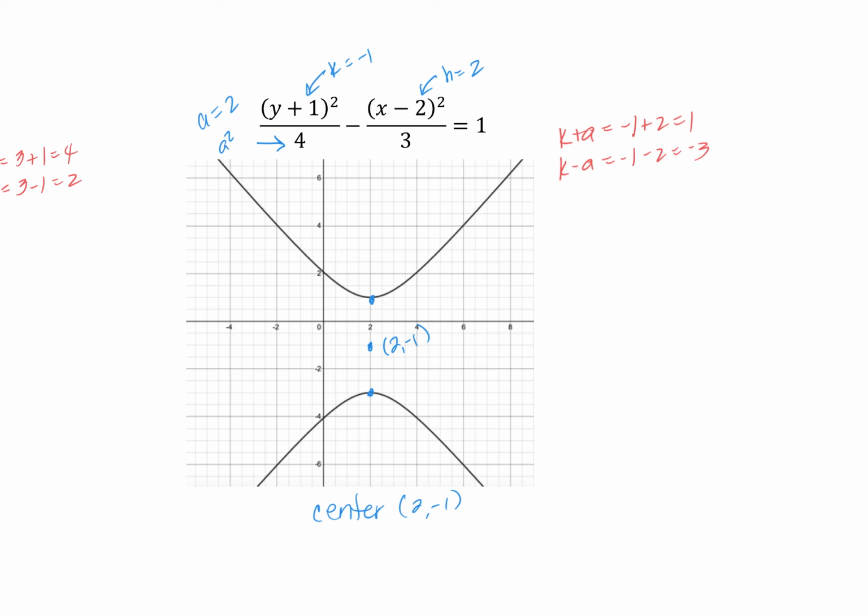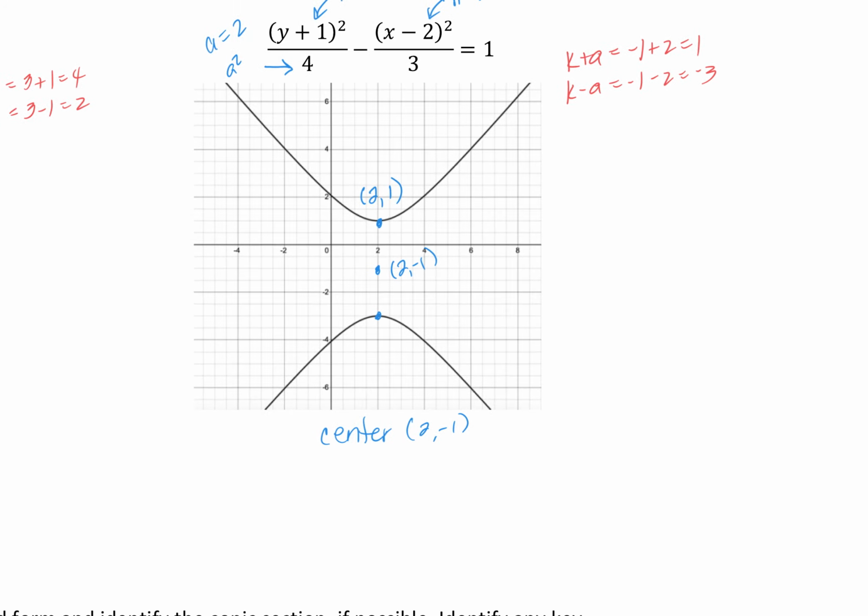Do those values make sense? So remember, our x is the same. We're changing our y value. So it should be 2, 1. Yeah, that looks right. And 2, -3. Looks good. So those are our vertices. And these are our 4 conic sections.